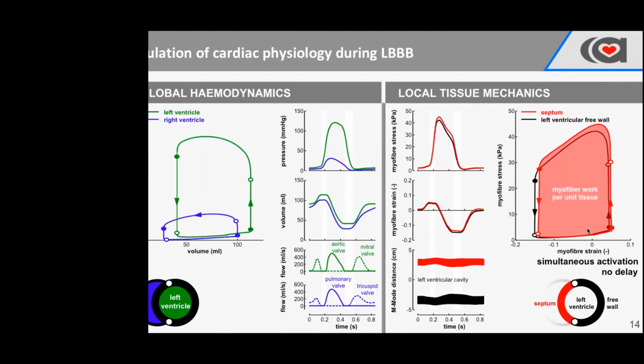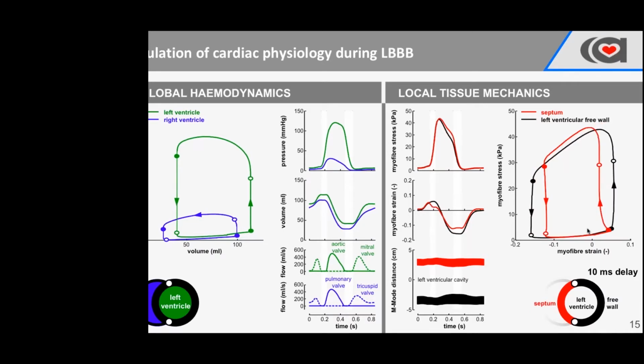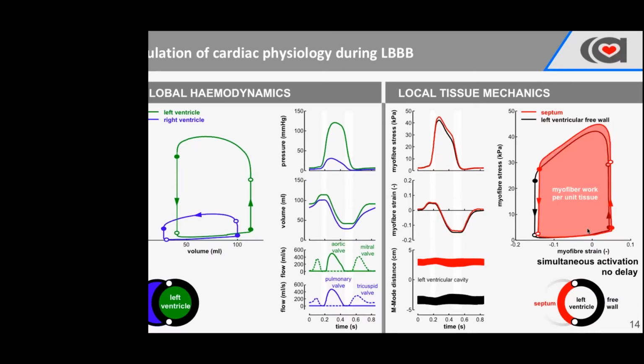It's myofiber work per unit tissue. Now, if you have simultaneous activation and no delay, the left ventricular free wall and the septum more or less have the same amount of work per unit tissue.